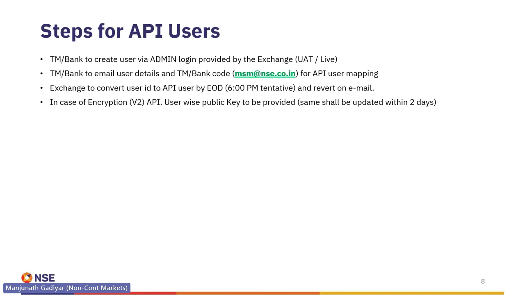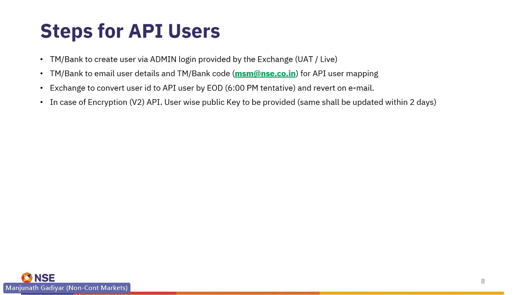The member or bank first of all needs to create users from the admin login provided. Once those users are created, the TM or the bank shall email these details to msm@nse.co.in. This is the mail ID for converting the normal user to an API user.